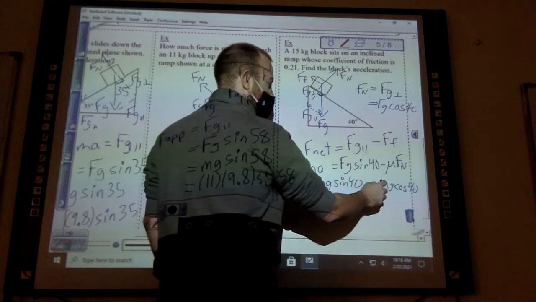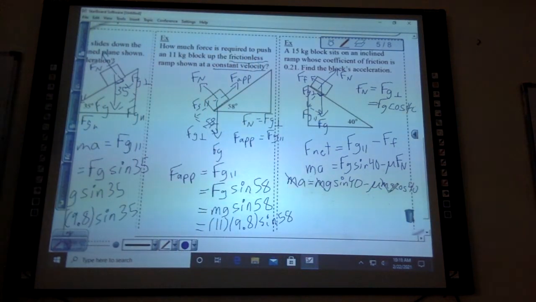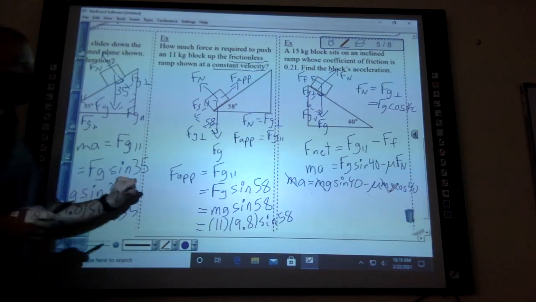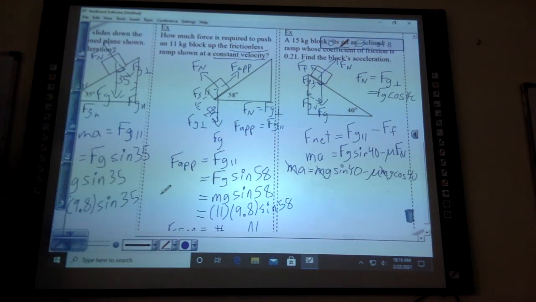So if I divide every term by mass, they all disappear. So I don't actually need to tell you what the mass of the block is because it doesn't matter. And this is even a case with friction. So even when you do have friction, it still doesn't matter what the mass is.